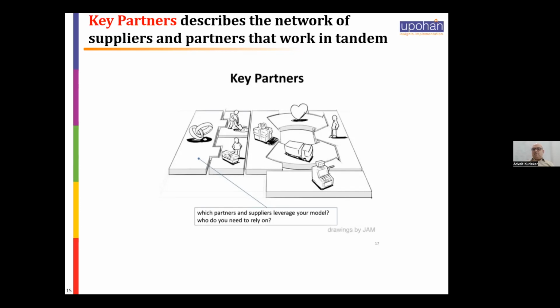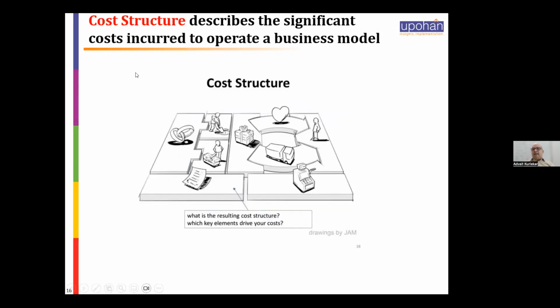But if you have to do these key activities through these key resources, through these key partners, one thing that you have to ensure is that it will come at a cost. And therefore, it is very, very imperative that you identify your cost structure very clearly.